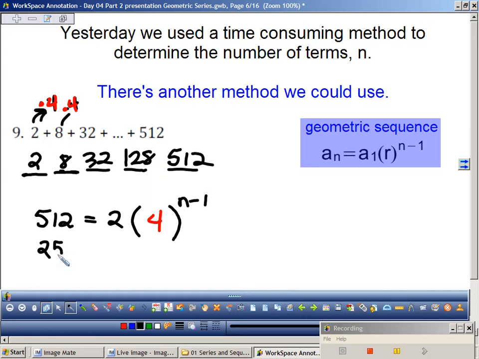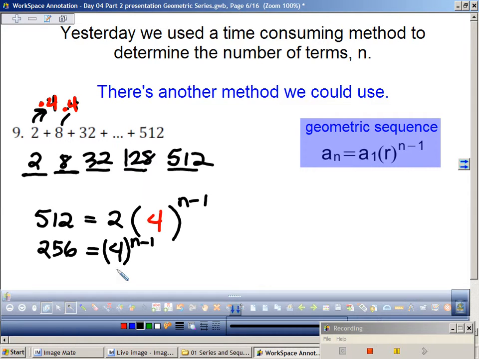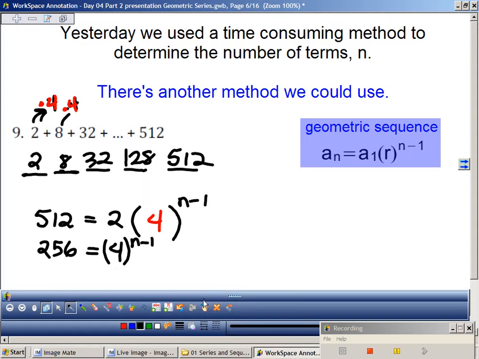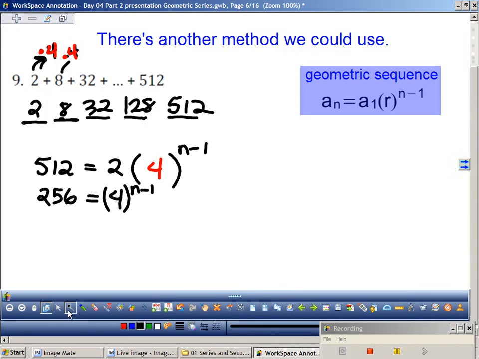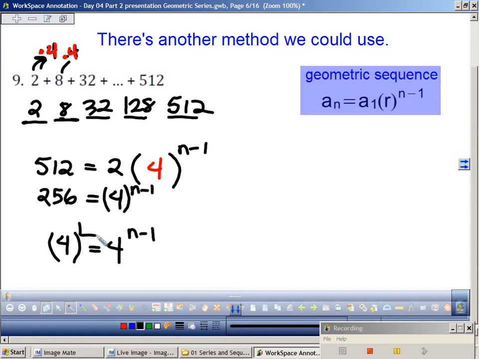Am I right? Okay, everybody see that? So now I'm just dealing with 2 different things, right? One on this side, one on that side. I want them to be the same on both sides. Okay, let me go back here.